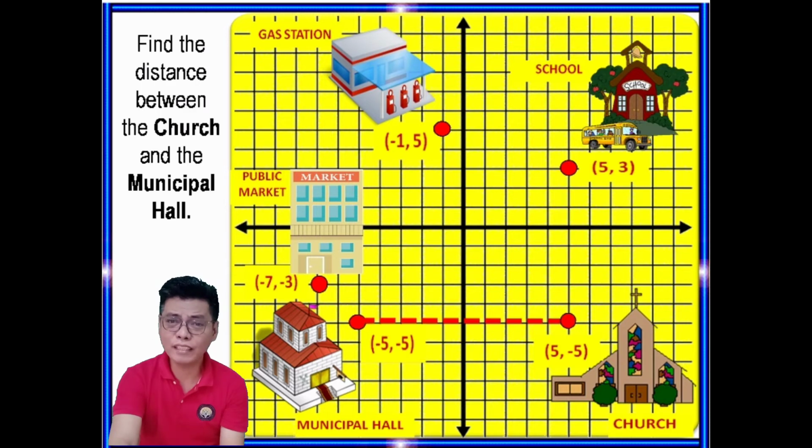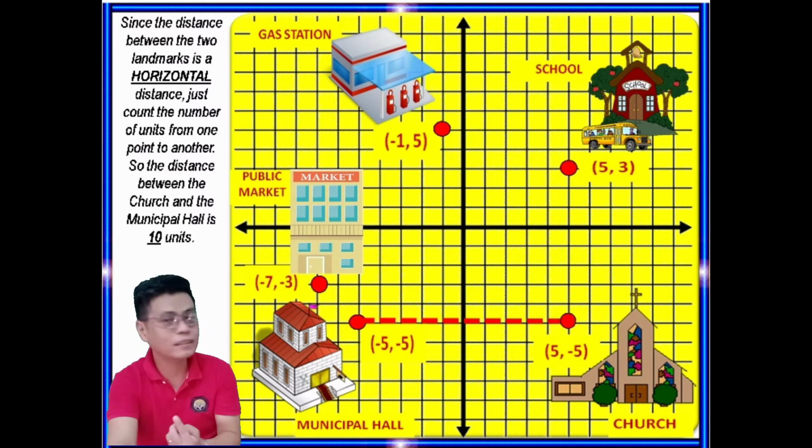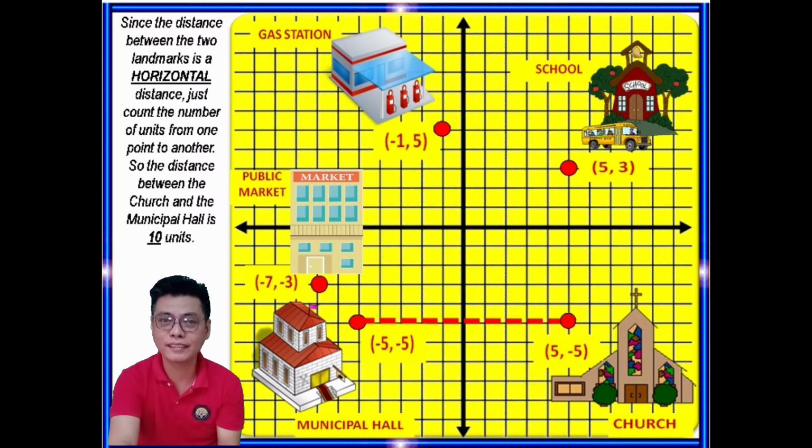In the next activity, you are asked to find the distance between the church and the municipal hall. And since the distance between the two landmarks is a horizontal distance, just count the number of units from one point to another. And so the distance between the two landmarks is 10 units.